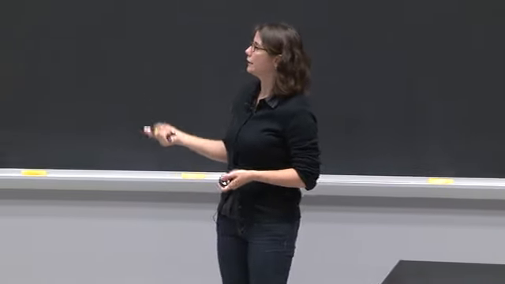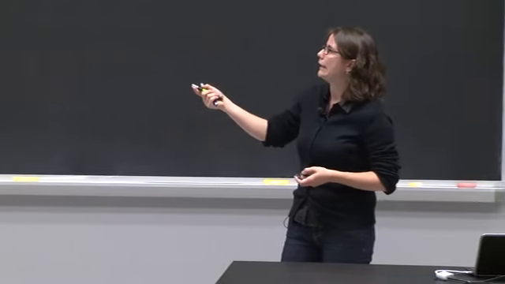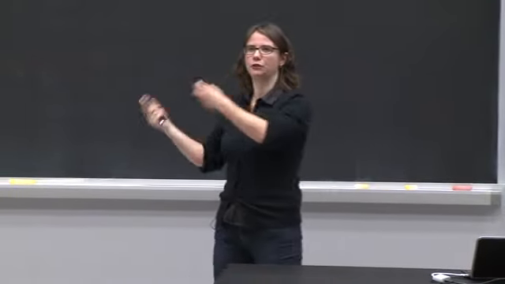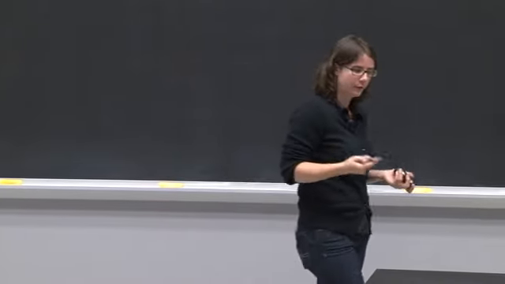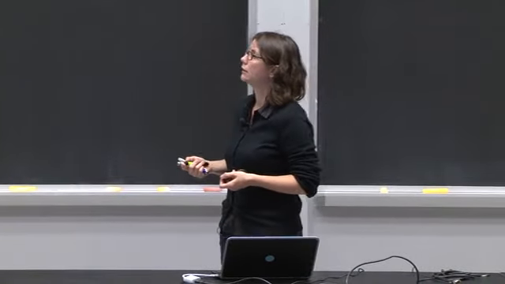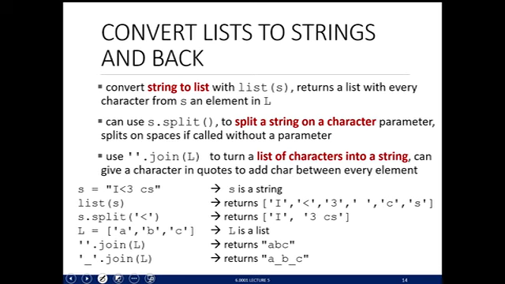Okay, another thing that we can do, and this is often useful when you're working with data, is to convert lists to strings and then strings to lists. Sometimes it might be useful to work with strings as opposed to a list, and vice versa. So this first line here, list(s), takes in a string and casts it to a list.